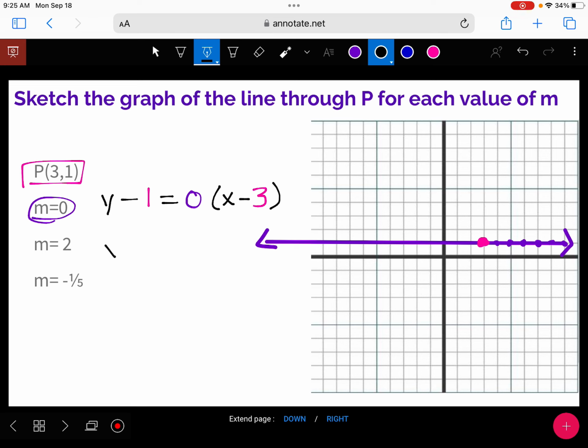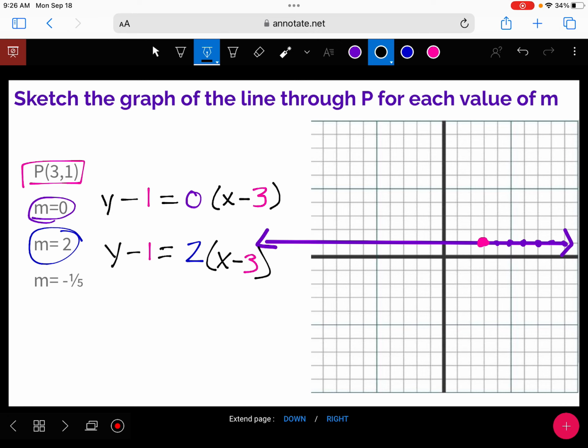So we're going to have y minus the y value from the point, 1, equals our slope of 2, times (x minus 3). Still goes through that point. So this is that point slope form. If you'd like to, you can switch this around and solve it into slope intercept form. Or we can go, I know it goes through this point.